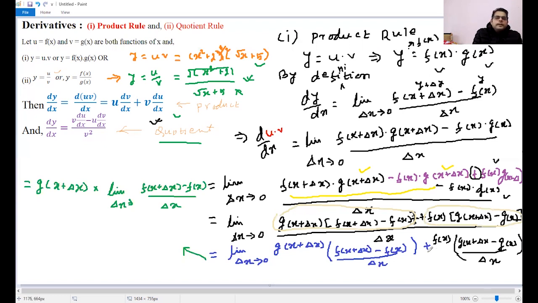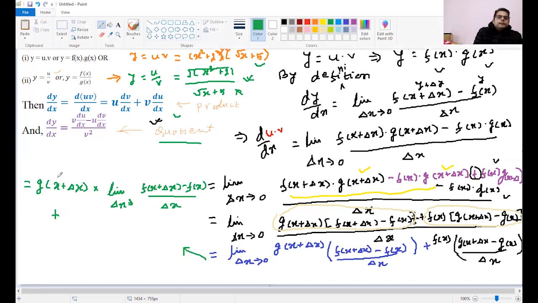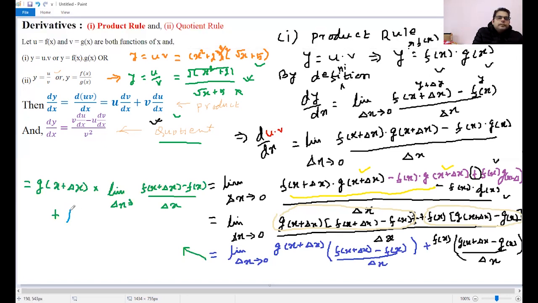Here you can see there is a plus, so we can write plus here, and you can apply the limit where it is applicable. So you can write the limit again, Δx tends to 0. Another term, you can see that f(x) doesn't contain Δx, so we don't need to put anything for f(x).